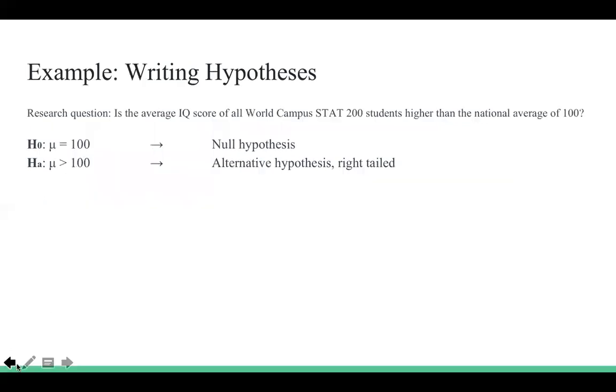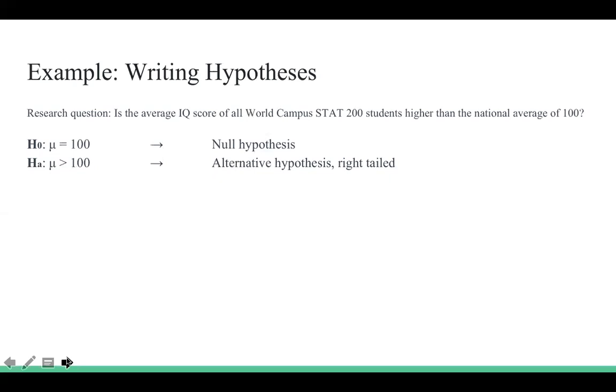If we go back to the last slide, we have our hypotheses. We asked, is the average IQ score of all World Campus Stat 200 students higher than the national average of 100? Based on that question and what our data looks like, we're going to have to come to a final decision.